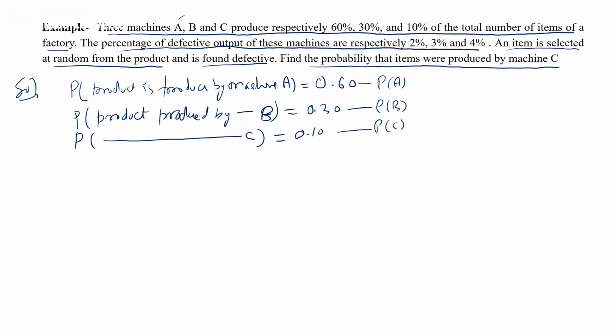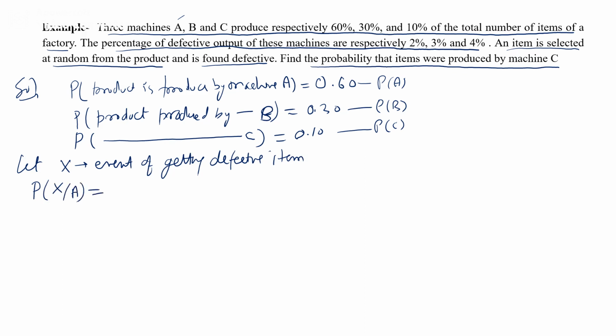Now again, let us suppose capital X be the event of getting a defective item. Now we are given the probability of X given that it is produced by A is 2%, that is 0.02.